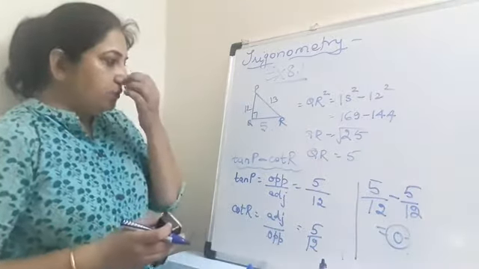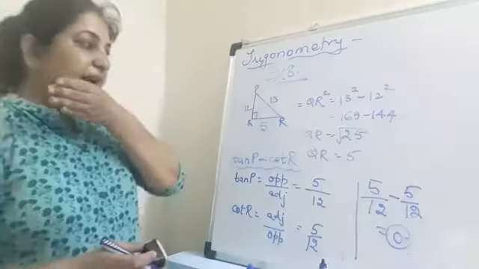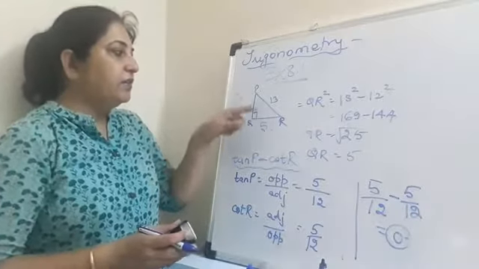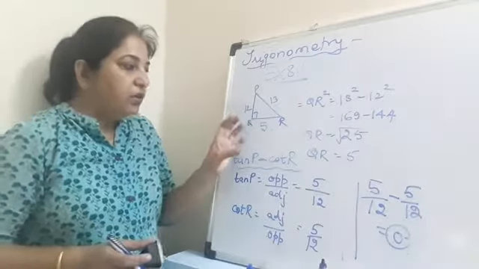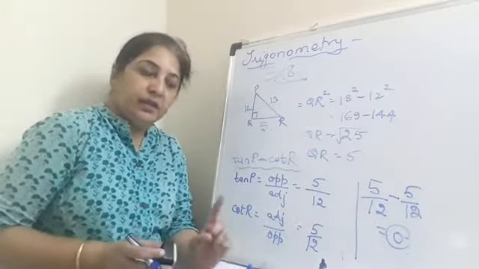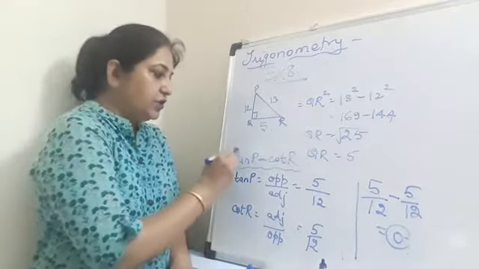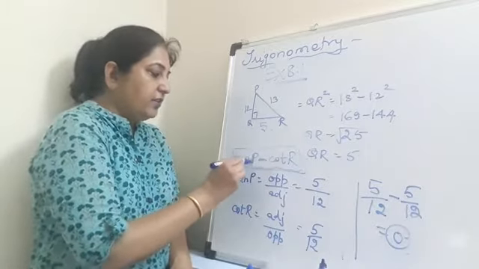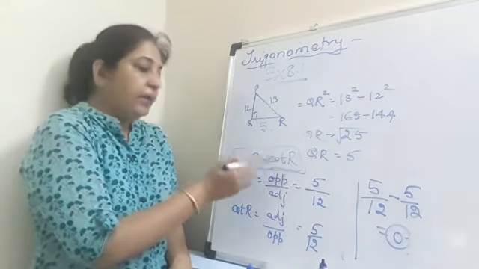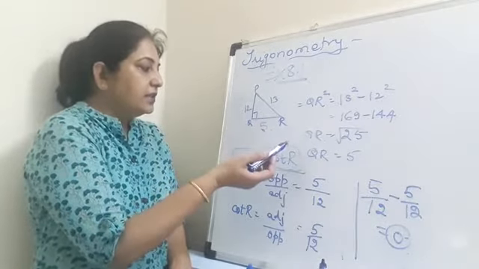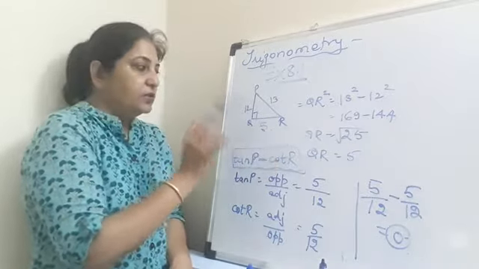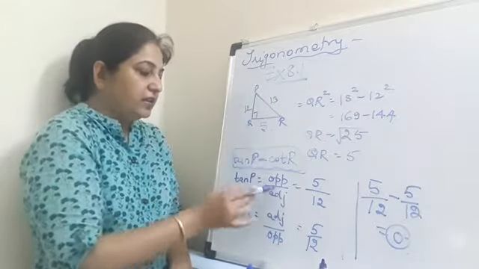Okay, so what you have to do? Look at the question, understand the question. Whichever value is unknown out of the three sides, you will find out using the Pythagoras theorem. Then, according to the question asked, whichever angle they are stressing on, depending on that angle, you have to look at the sides, which side is adjacent, which side is opposite. So see that you don't make mistakes while finding these ratios.